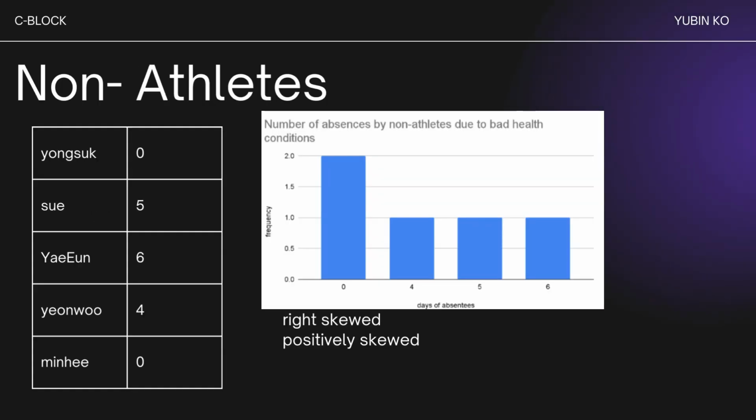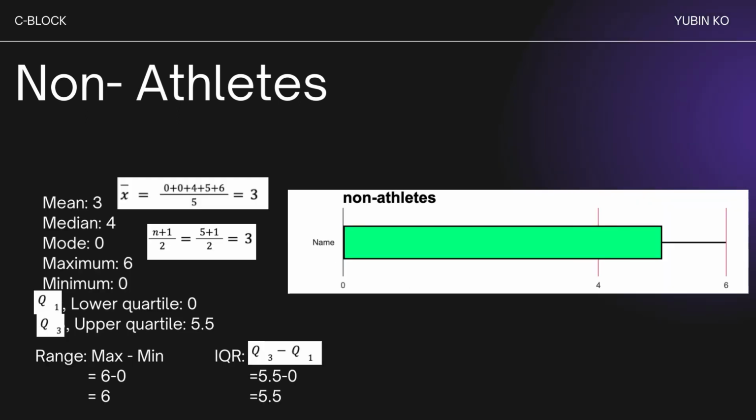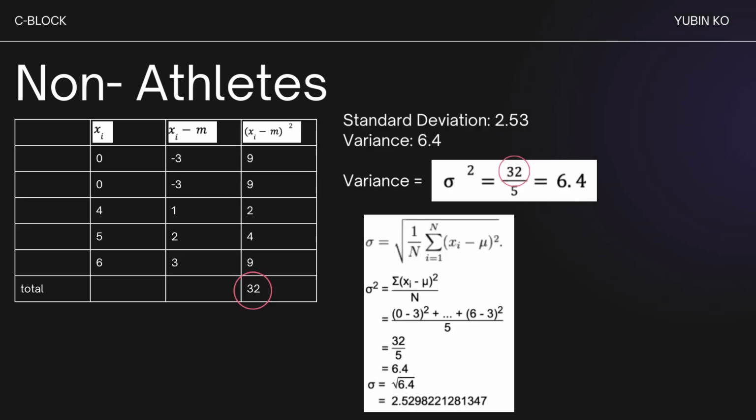For non-athletes, the graph is also right skewed as there is a high frequency at 0 and there is a decrease with the increasing number of days of absentees. The mean value is 3, median is 4, mode is 0, maximum value is 6, minimum value is 0, lower quartile is 0, upper quartile is 5.5, range is 6, and interquartile range is 5.5.